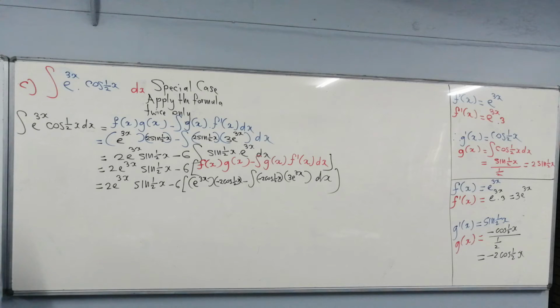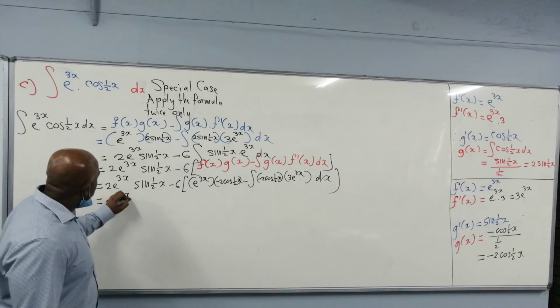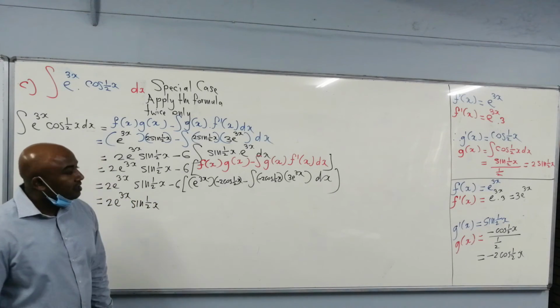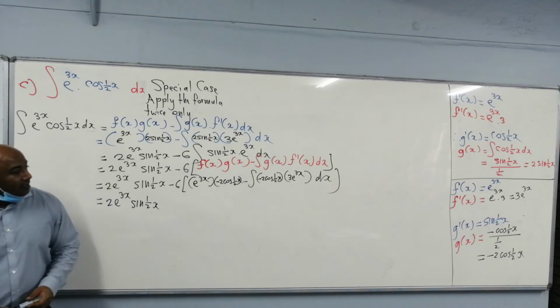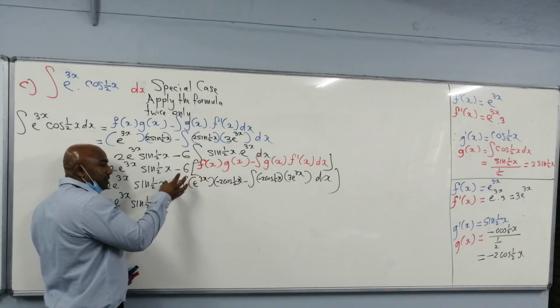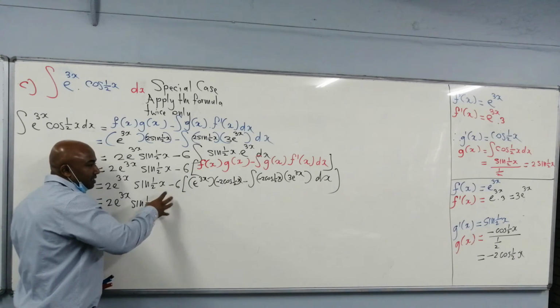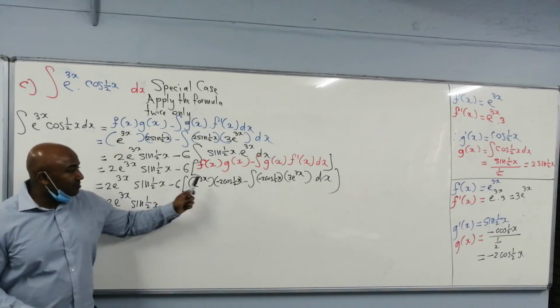Now remove the brackets. So 2e to the power 3x times sine of half x. Be careful with removing brackets. Now you must understand that we have got only 2 terms here. So it's that multiplied by minus 6, and then this whole thing here multiplied by negative 6. But be careful, in the first term, negative times negative.